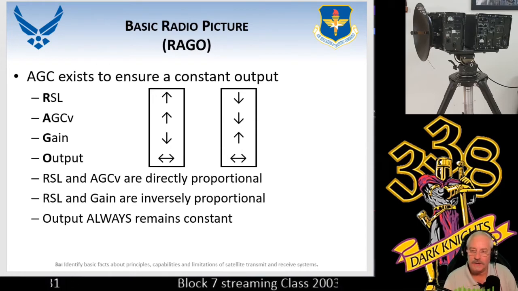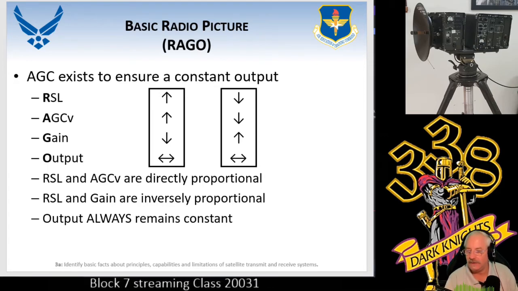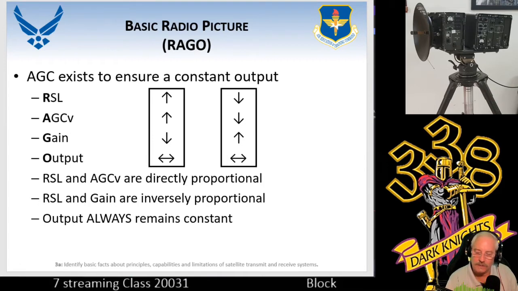If the plane is 200 miles out and it's transmitting to the base and you did not have any AGC, the air traffic controller is probably going to have to turn that volume control maximum to hear that plane. As the plane gets closer, he or she is going to have to turn the volume control down because it starts getting louder.